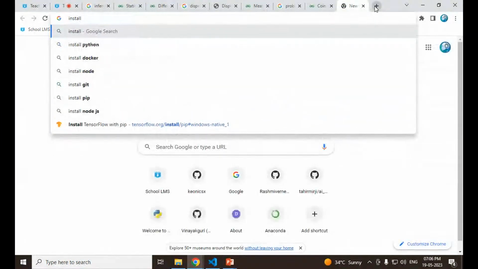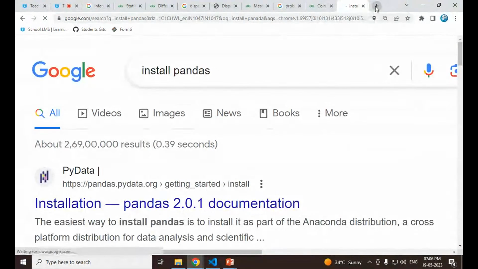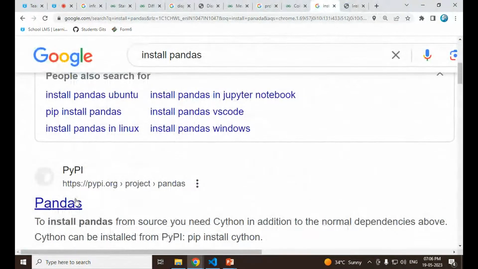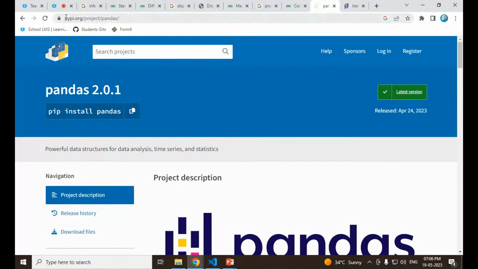If not, then I will install pandas. Have you used pandas earlier? We have not used it yet. Look at this command on pypi.org. In this you can see there is pandas 2.0.1.